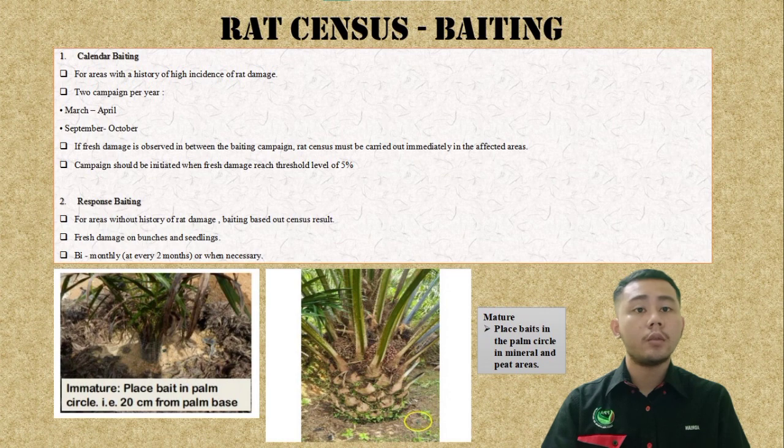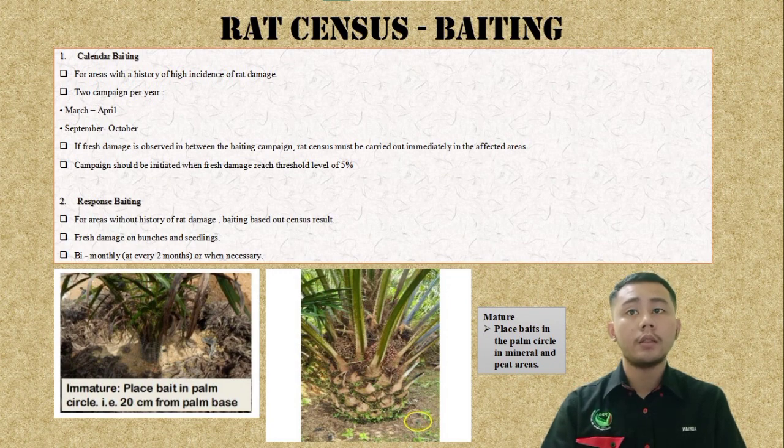For baiting, we can use two methods, which are calendar baiting and response baiting. Calendar baiting is for areas with a history of high incidence of rat damage or rat attack. We can do 2 campaigns per year, from March to April and September to October.